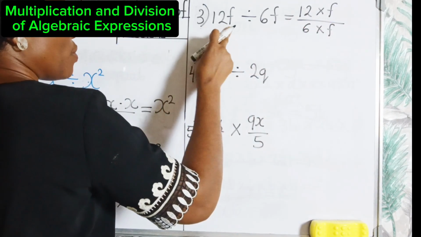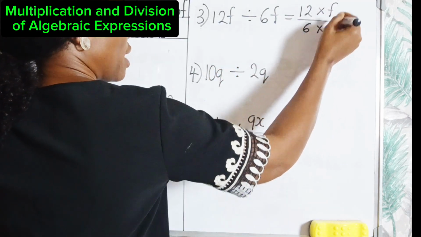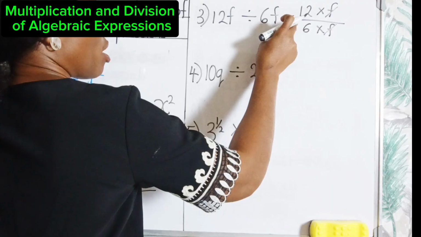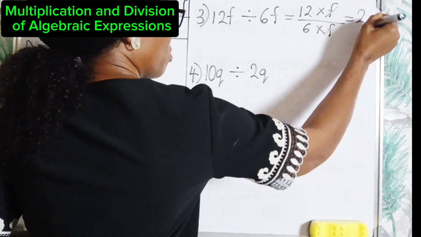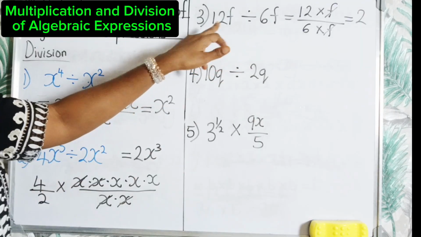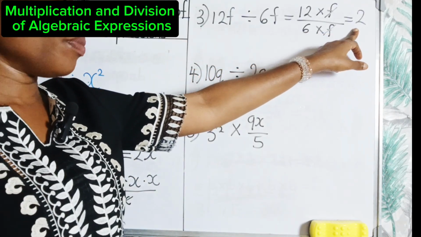Remember that 12f is the same thing as 12 times f. So this f and this f will cancel out. 12 divided by 6 is equal to 2. So that's the answer. 12f divided by 6f, the answer is 2.